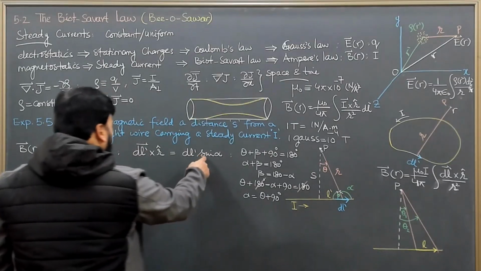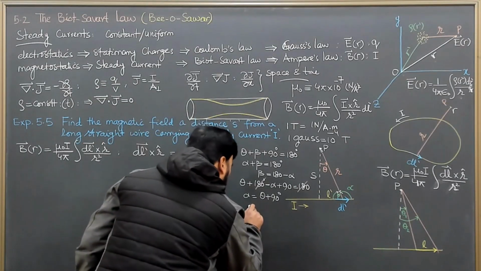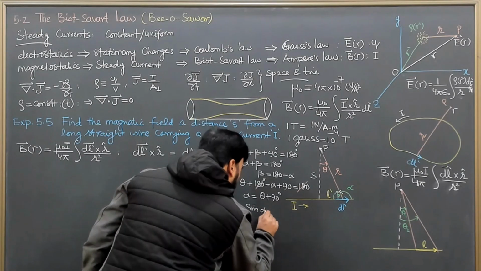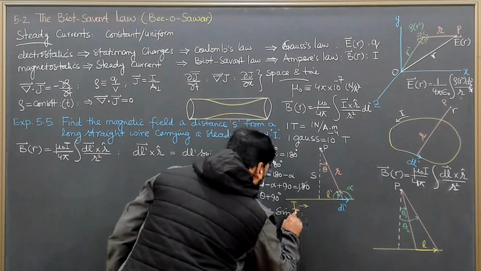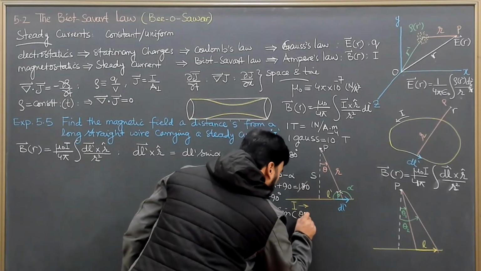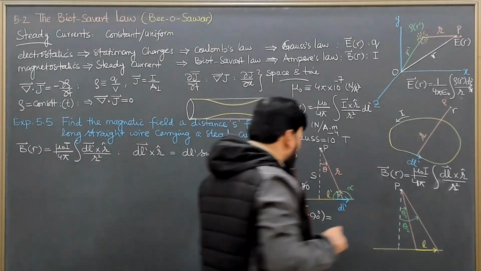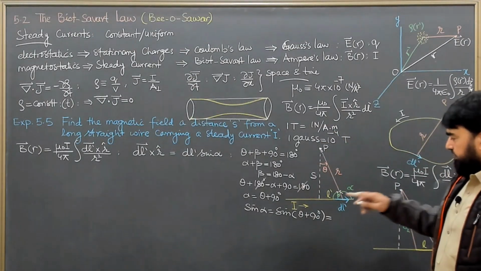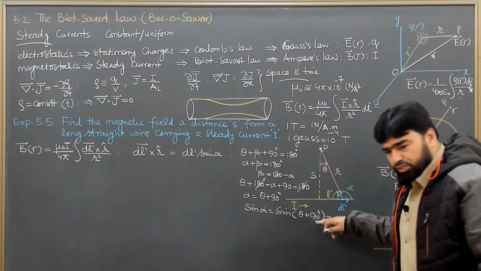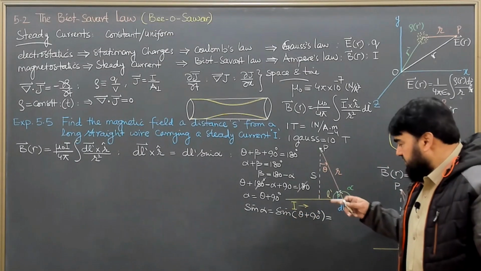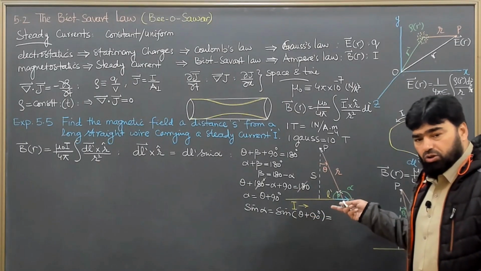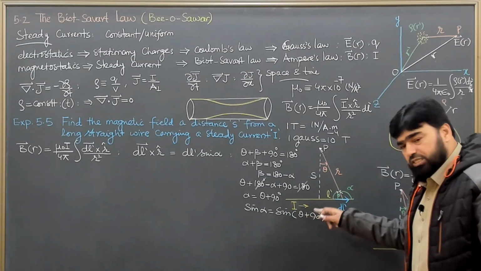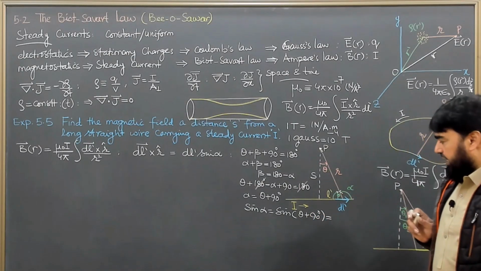So I come here and write, what about sine alpha? This is the sine of theta plus 90, and I will apply the formula: sine of alpha plus beta is equal to sine alpha cos beta plus cos alpha sine beta.